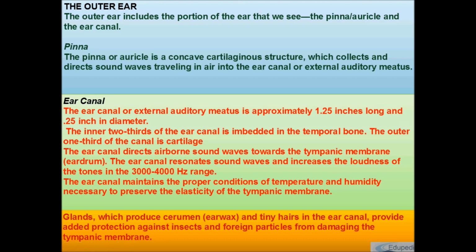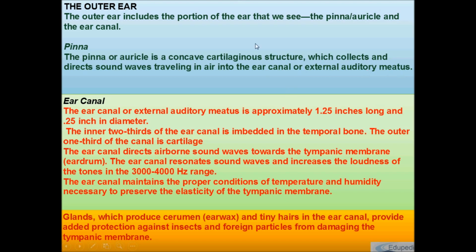As I have told you that it is made up of elastic cartilage with skin covering. So, it is a concave cartilaginous structure which collects and directs sound waves traveling in air into the ear canal or the external auditory meatus. External auditory meatus is also known as ear canal. They both are same, so don't get confused. Ear canal and external auditory meatus, they both are same.